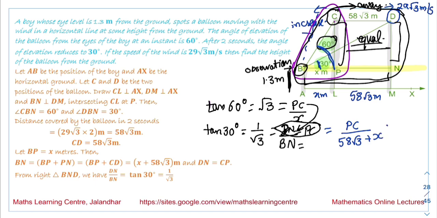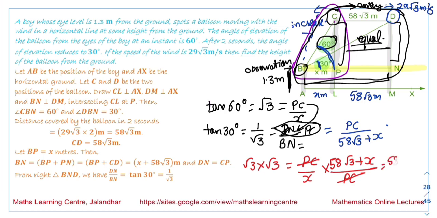Now if we divide both these equations, we get root 3 into root 3 is equal to PC over X into 58 root 3 plus X over PC. These two values get cancelled, and what we are left with is 58 root 3 over X plus 1. This term will become 3.